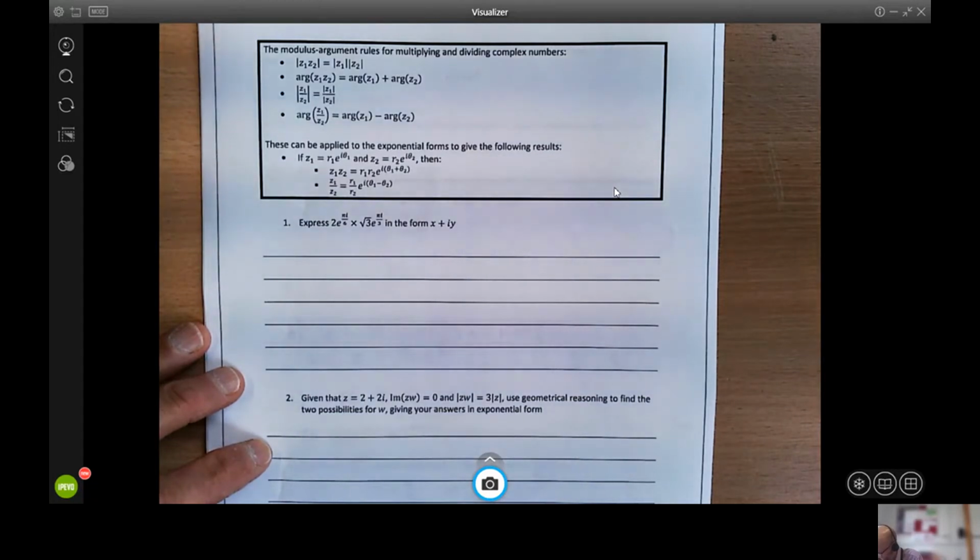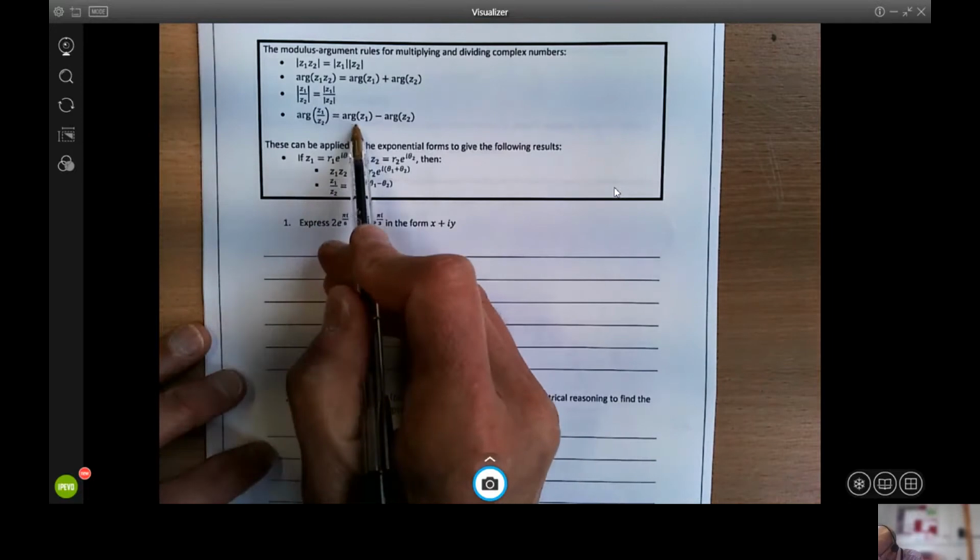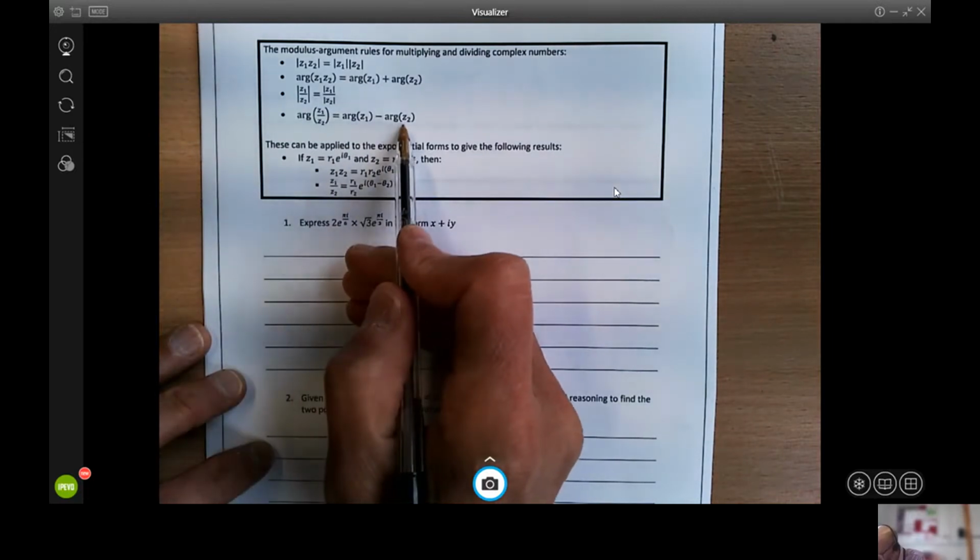If we're multiplying complex numbers, we multiply their moduli and we add their arguments. If we're dividing z1 by z2, we divide their moduli, so modulus of z1 divided by modulus of z2, and we subtract their arguments, so argument of z1 minus the argument of z2.